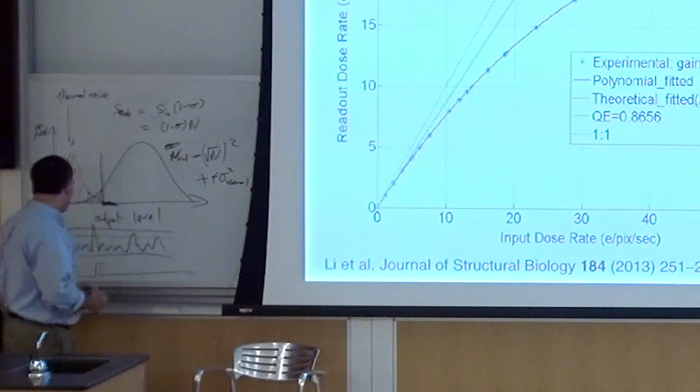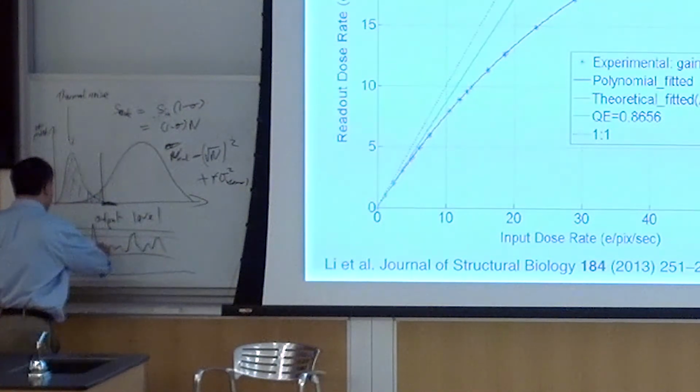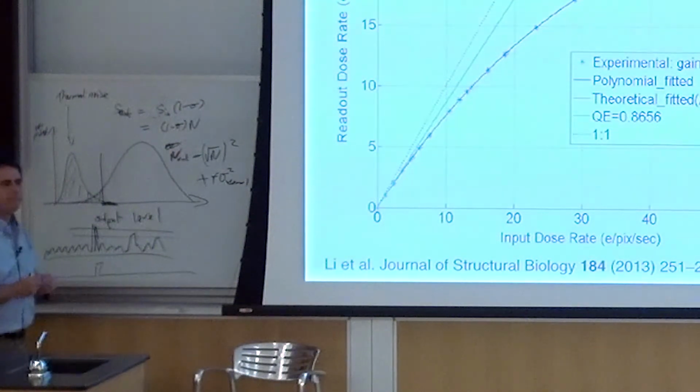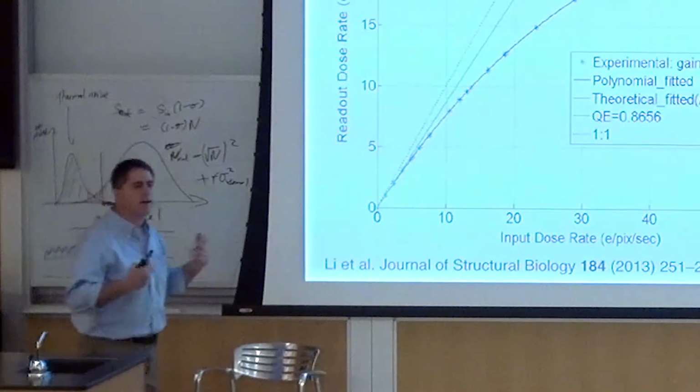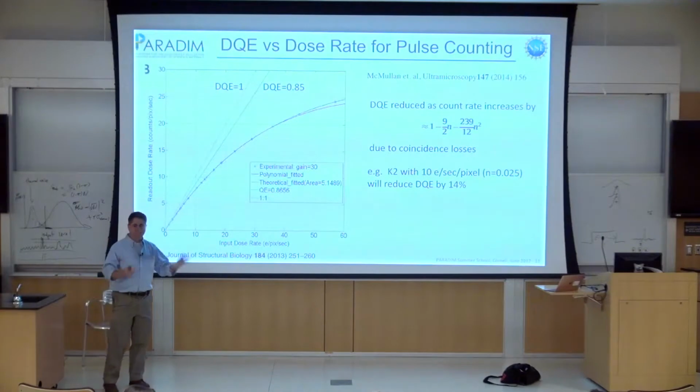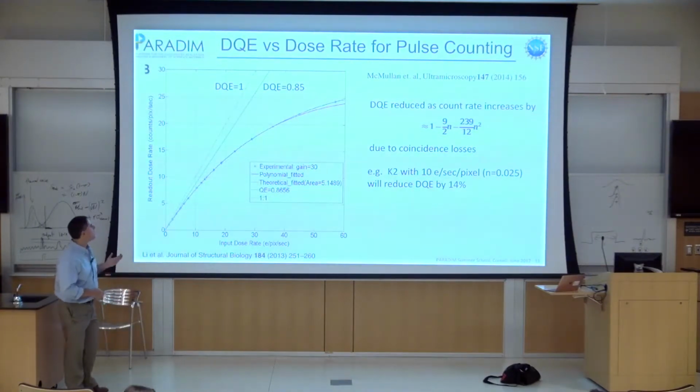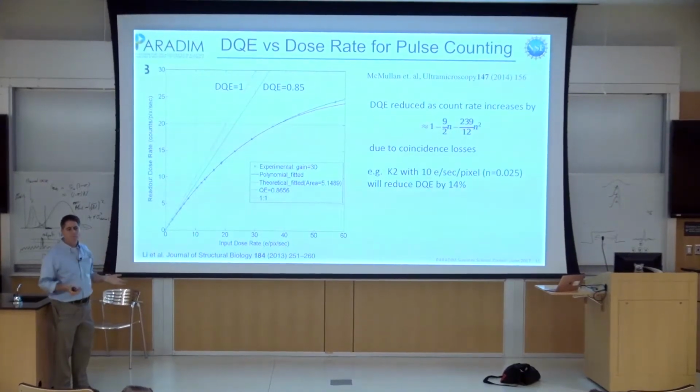And the problem is, what happens if another electron arrives in the same time interval, when we haven't been able to get the electrons out of the silicon because of the capacitance of the system? In fact, if I fire an electron into a piece of silicon and it produces a huge number of electron hole pairs, I can't pull them out of the silicon very quickly. It takes about a microsecond to get out of the silicon.